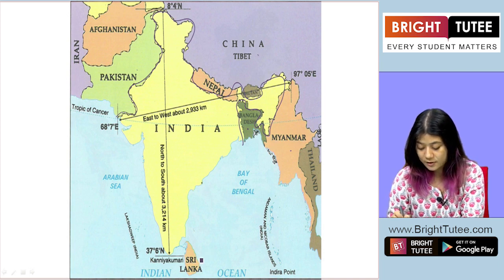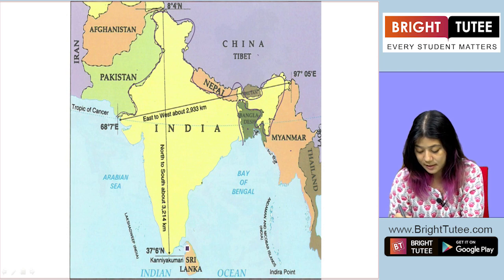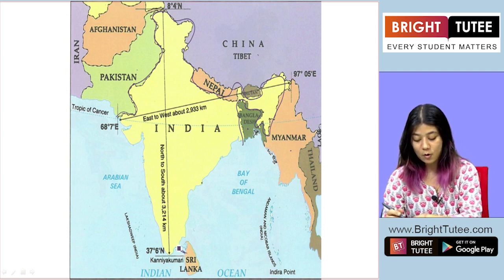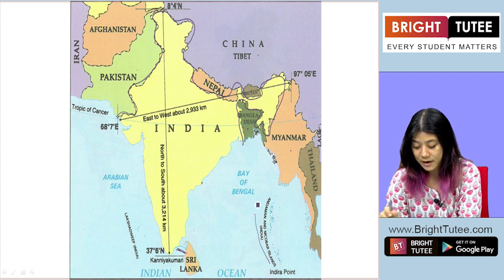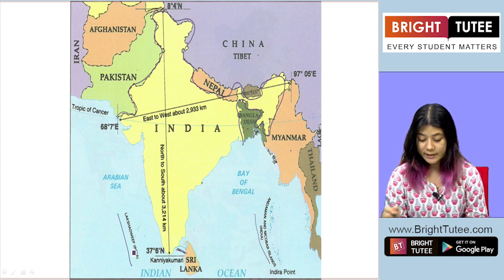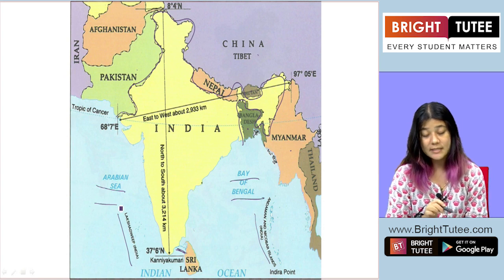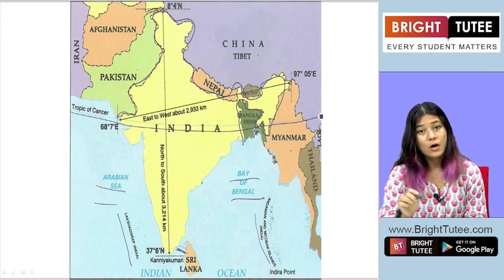You can see Sri Lanka, the island country lying to the south of India, separated by the narrow water body called Palk Strait. You can see Andaman and Nicobar Islands on the east in the Bay of Bengal, and Lakshadweep in the Arabian Sea. You can also see the location of the Indian Ocean, and how the Tropic of Cancer passes through India.